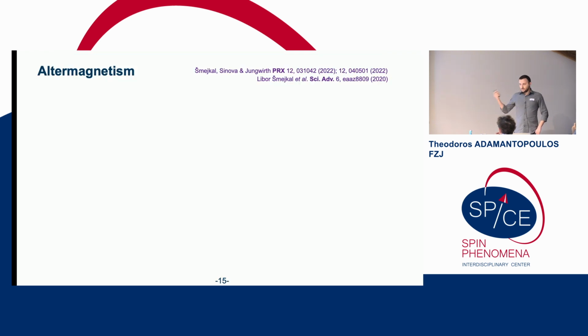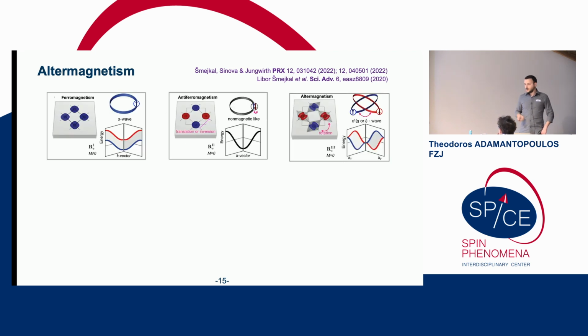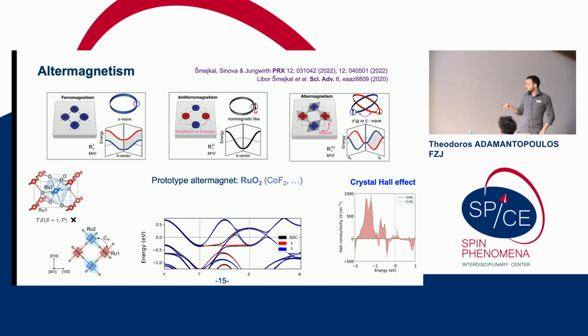For altermagnets, we already heard from the talk of Thomas Jungwirth. I will not say much, only that in this new class of materials, we have compensated magnetization and alternating spin splitting in k-space. Ruthenium dioxide is one famous prototype altermagnet. There has been a report of large spin splitting and very large crystal Hall effect in this material.